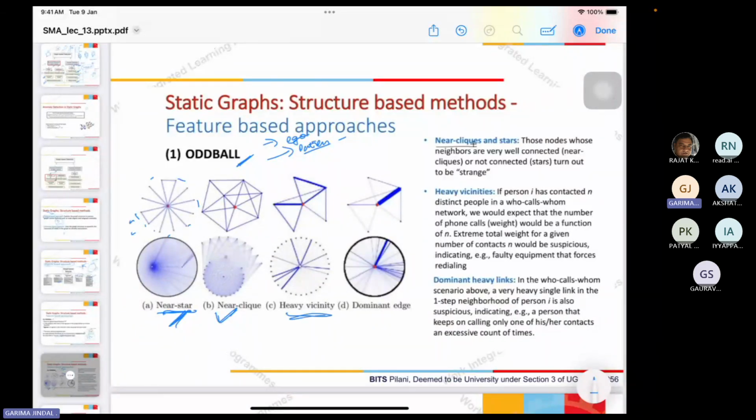Then they define something called heavy vicinity. This is the definition taken from their paper. What is heavy vicinity?